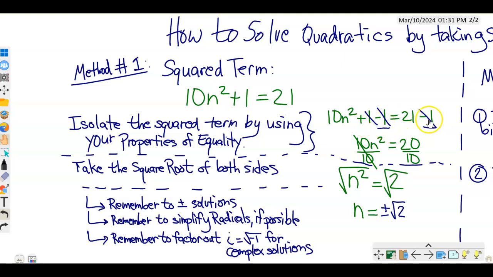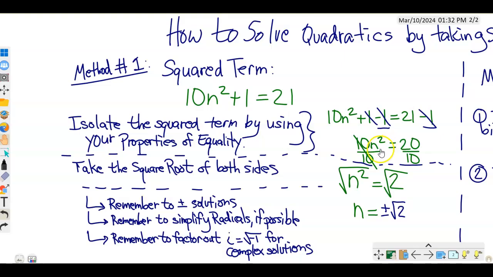And then because it's an equation, whatever we do to one side, we have to do to the other side. So you can see that I've subtracted 1 from both sides. So then, what do I have left?